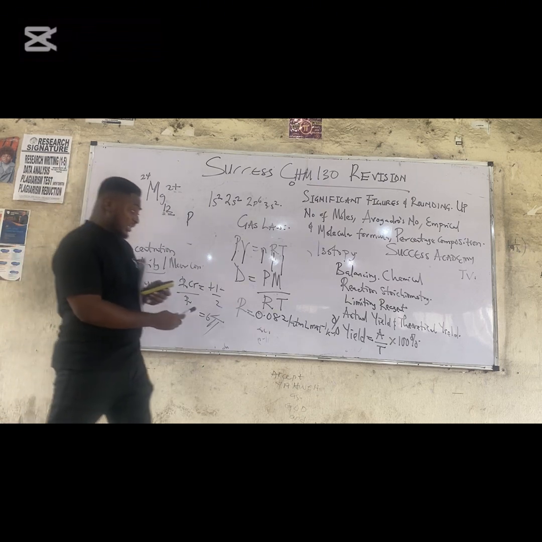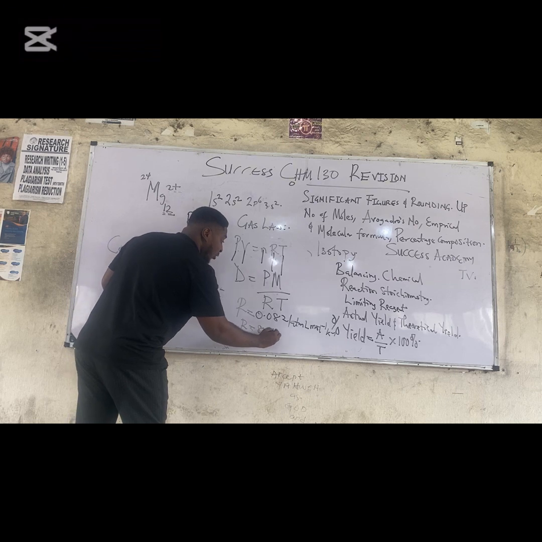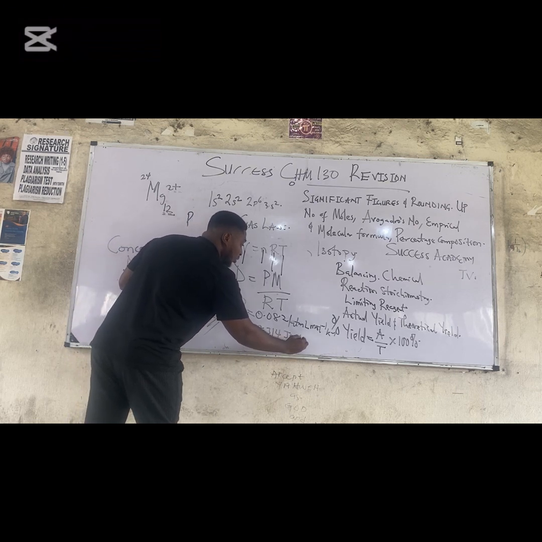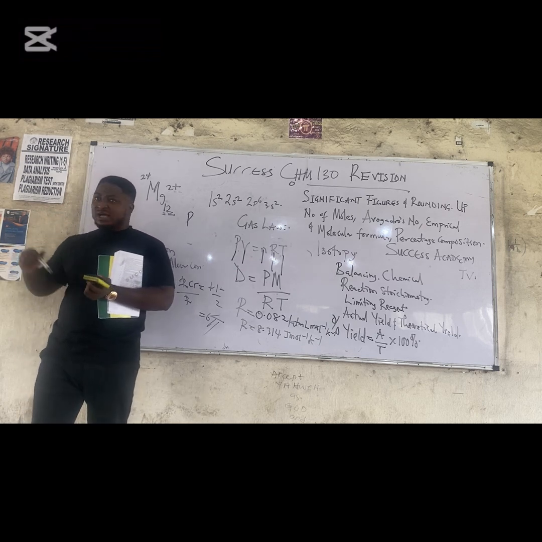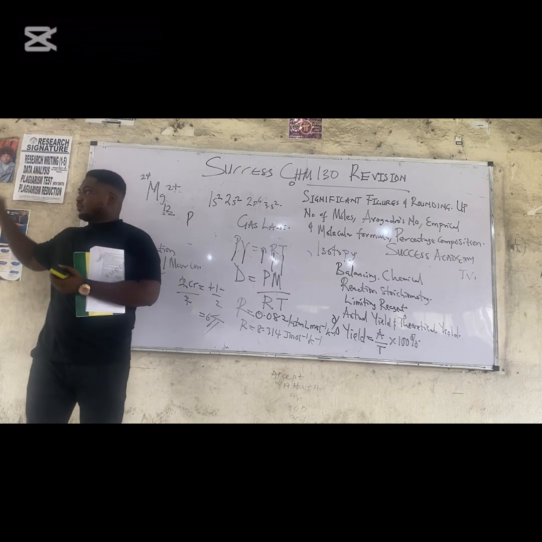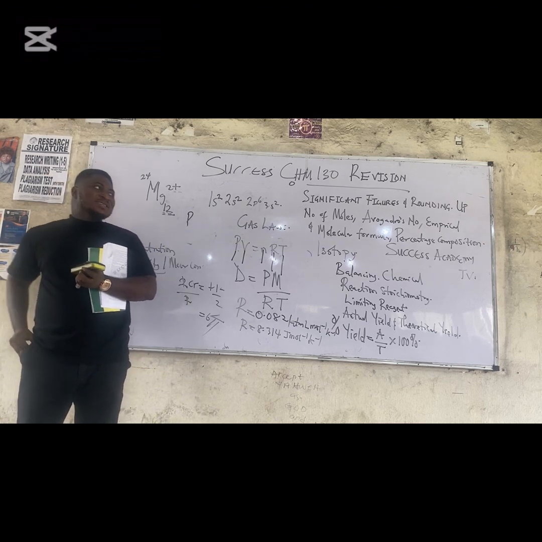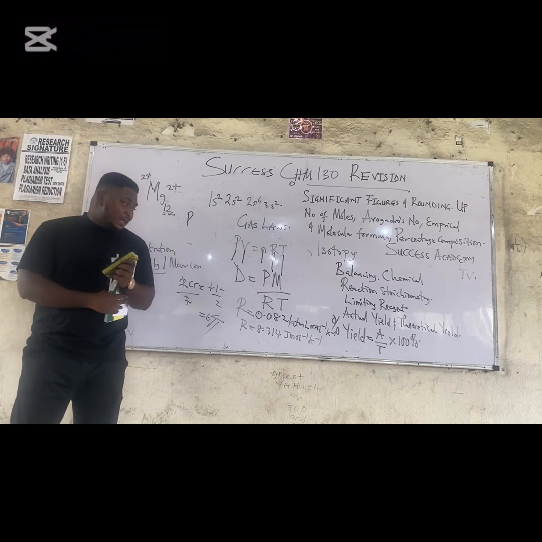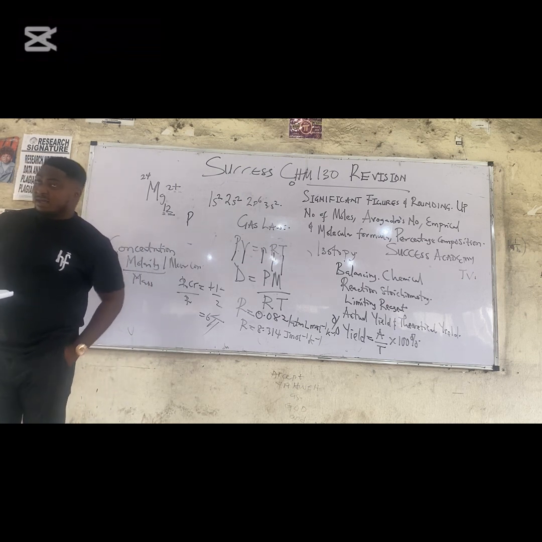I'll tell you when to use this. Or R can be 8.314 joules per mole per Kelvin. Your gas constant can be 0.0821 or 8.314 joules per mole per Kelvin.